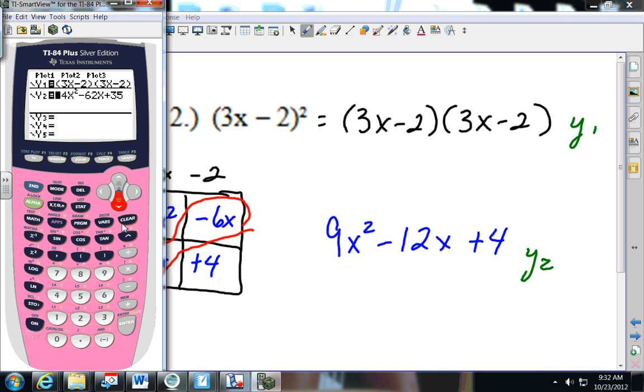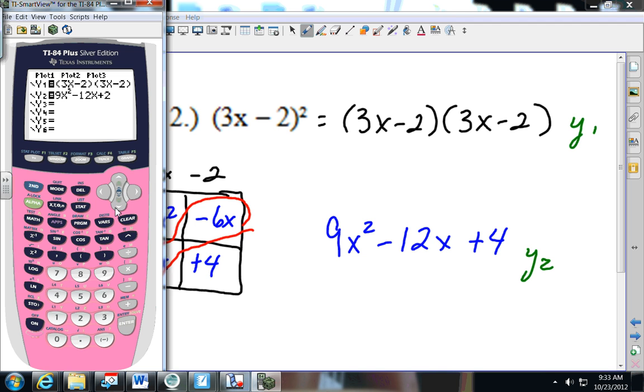In my answers down here, I think it's 9x squared minus 12x plus 4. Say I put in there just a plus 2. Let's say I typed in the wrong thing. Second graph. I would see I was wrong because see how it says 4, 2, and 1, negative 1, 16, 14. If these don't match, that means that we're wrong.